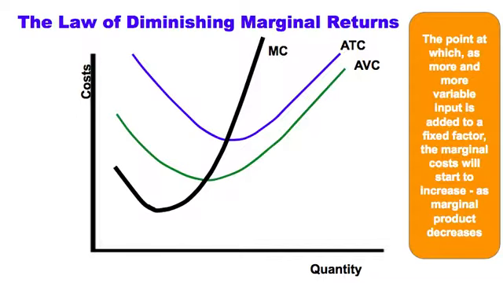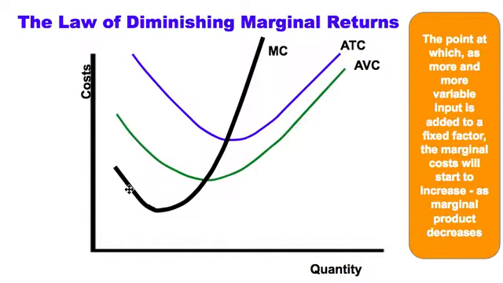Okay? So the reason these curves are at first downward sloping is because of increased productivity of that variable factor. So let's say looking at our marginal cost curve, this big black one here. Sorry, my Google drawing is not so good. At first, let's say the coffee shop makes 1 cup of coffee, their costs are pretty high for that 1 cup of coffee.